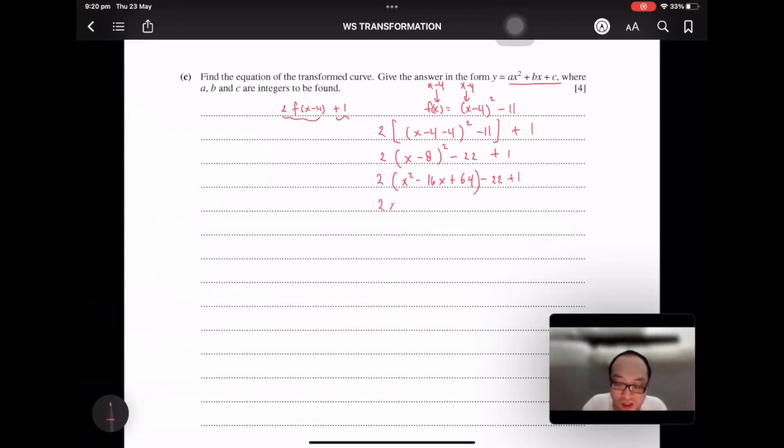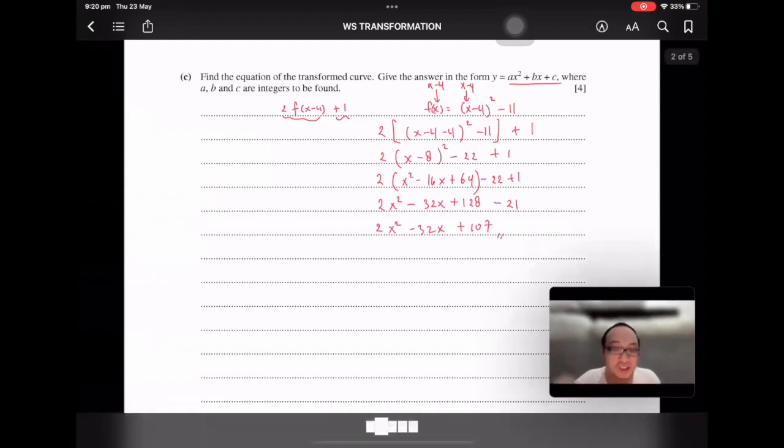So it's 2x squared minus 32x plus 128 minus 21. So equals 2x squared minus 32x plus 107. So this is the transformed curve.